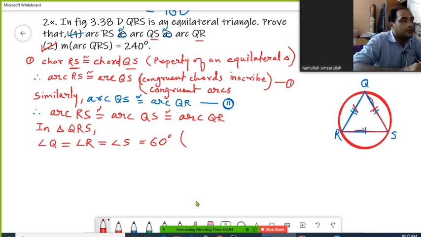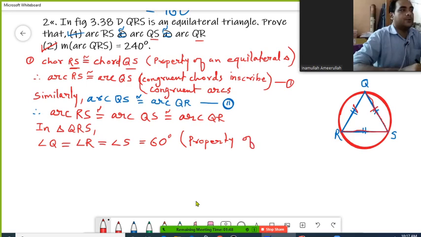This is one of the properties of an equilateral triangle, that all three angles of an equilateral triangle are of 60 degree. So again you can mention property of an equilateral triangle.